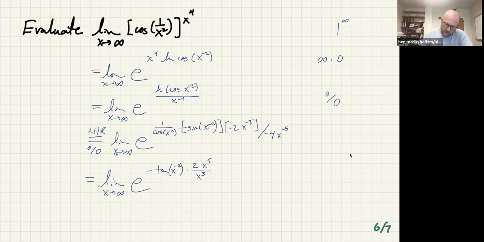And then we can go ahead and do some more cancellation and have an x squared. So this is limit x is going to infinity, e to the negative tangent of x to the minus 2 times 2x squared. Goodness, that's still got us with a 0 times infinity type problem, right?